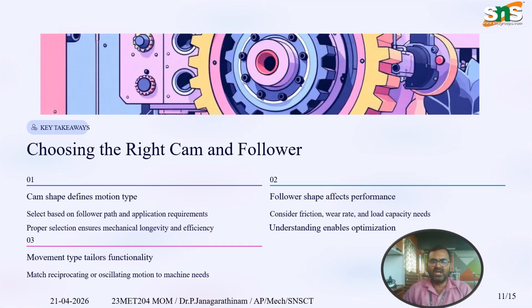So this is about choosing the right cam and follower. Cam shape defines the motion, follower shape affects the performance, and movement type defines functionality. While considering the design of cam and follower, the cam shape, the follower shape and the type of movement are the important design parameters for choosing the right cam and follower.